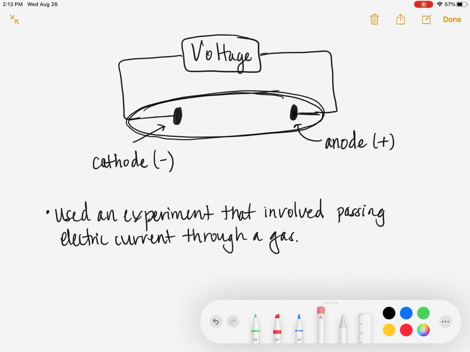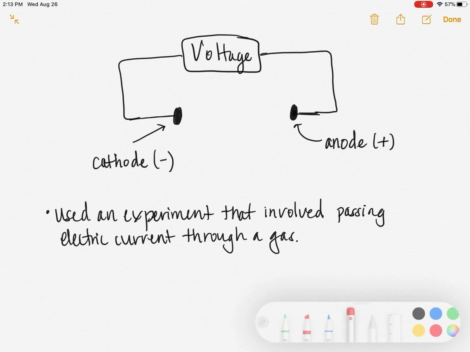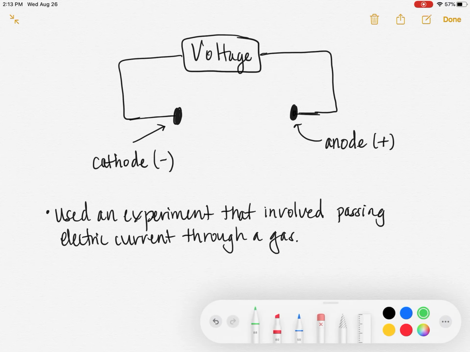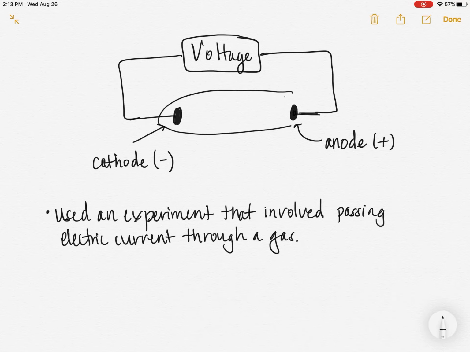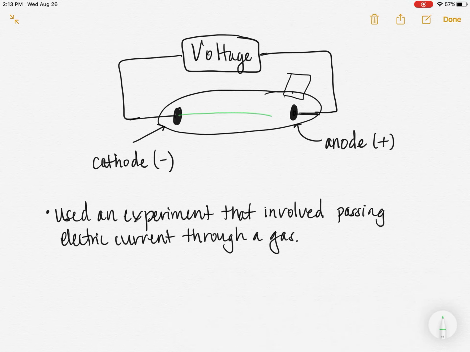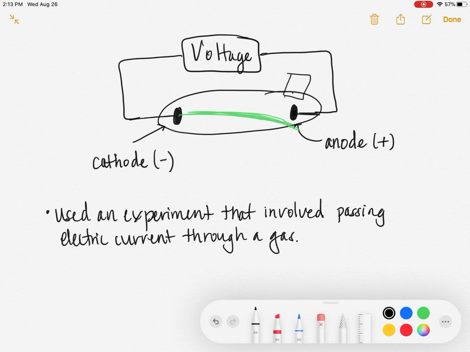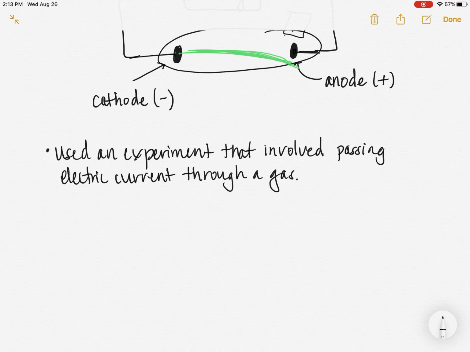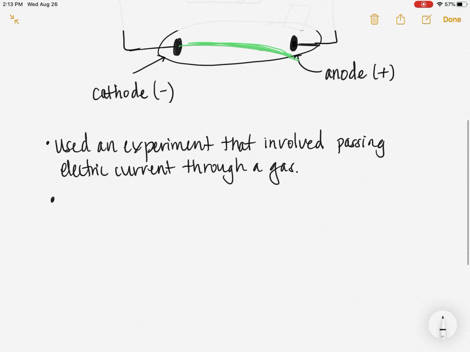And then when he flipped the magnet around, we know that magnets have two sides, the beam deflected and went away from the magnet.